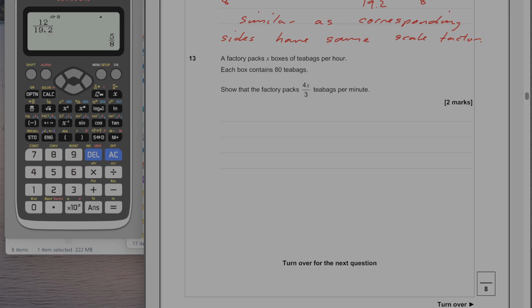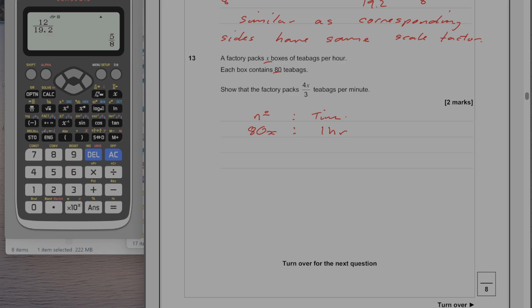Okay, question 13. A factory packs x boxes of tea bags per hour. Each box contains 80 tea bags. Show that the factory packs 4x over 3 tea bags per minute. So in 1 hour, they would pack 80x tea bags.